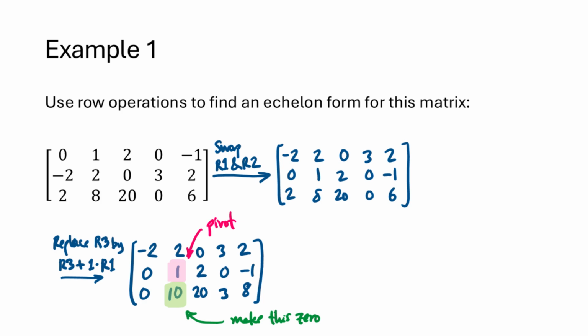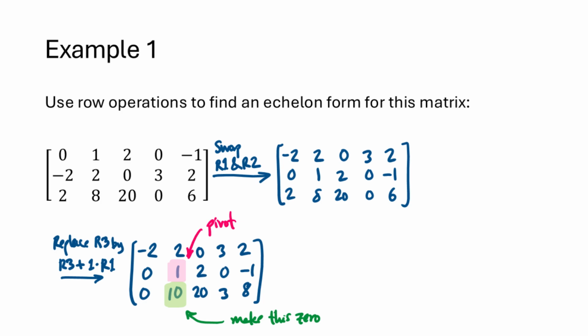Replace it by what? Well, whenever we say replace row 3, we need to say replace row 3 by row 3, so it's the same row, plus some multiple of another row. And the other row is going to be the row that contains the pivot in the column that we're working on. That's row 2 in this case. So we want to replace row 3 by row 3 plus some number times row 2.